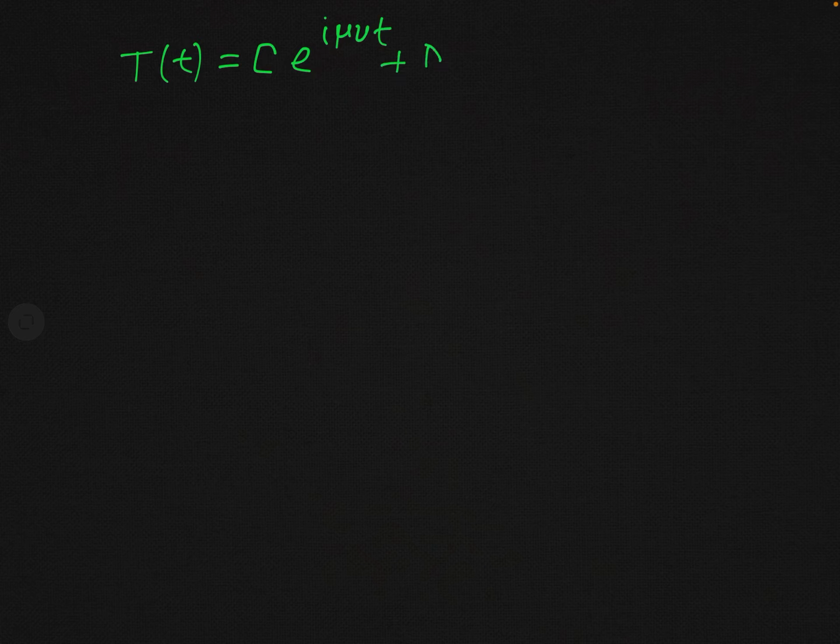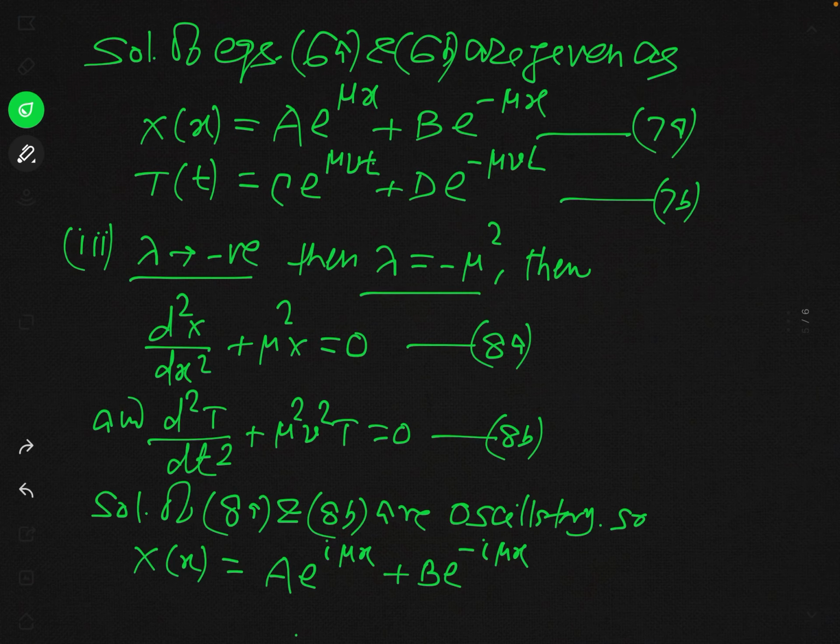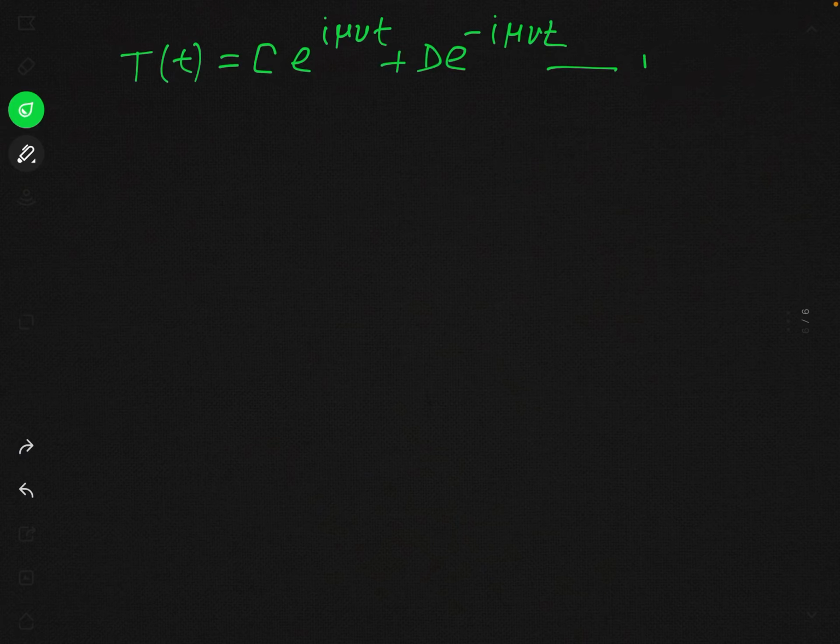And similarly for t, you may write T of t equal to constant c e raised to the power i mu vt plus d e raised to the power minus i mu vt. And what is the equation number? This is 9a, and this is 9b.